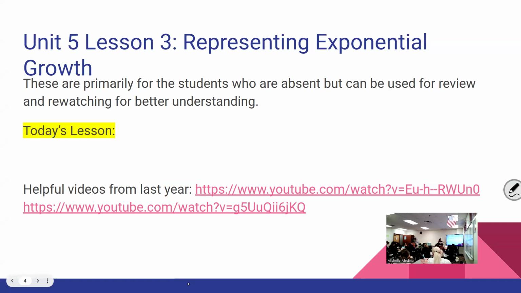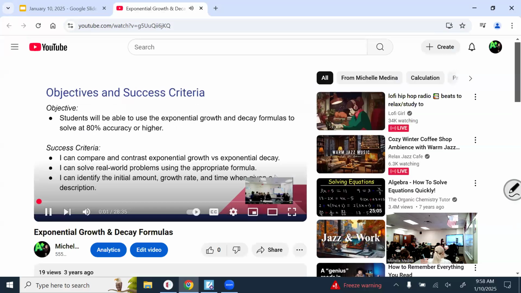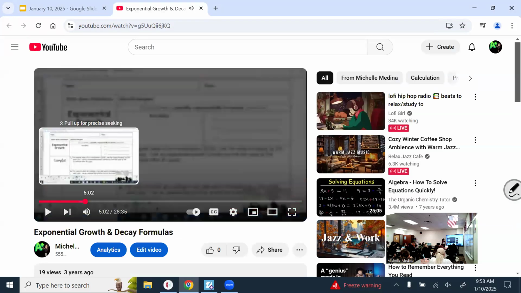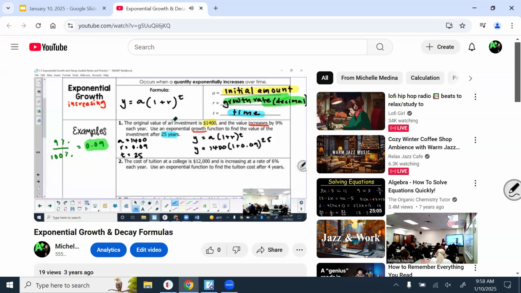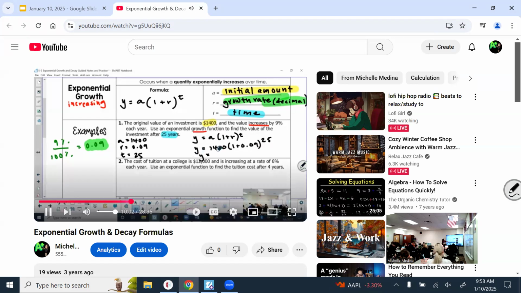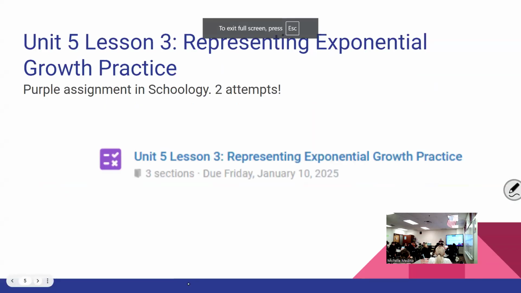I also have one that is quite different, but does have a lot more examples in a different format. So both are really great. I'm sure you can also look up any subject yourself on YouTube and get a video that's already made to help you understand it better. That's what it's for. The practice is in Schoology.